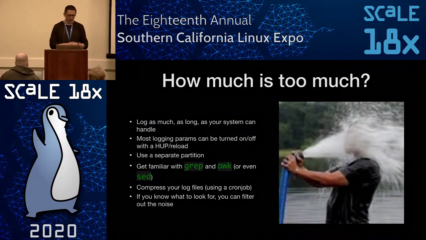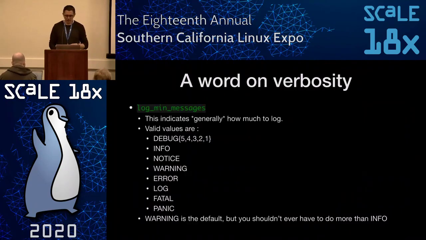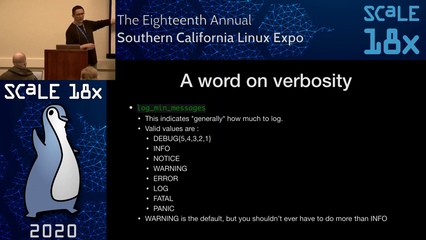Now, speaking of verbosity, you can tune how much Postgres logs with a parameter called log_min_messages. The default is warning. This is in order of escalation. If you set log_min_messages to panic, you'll only get panic messages, which is not very useful.